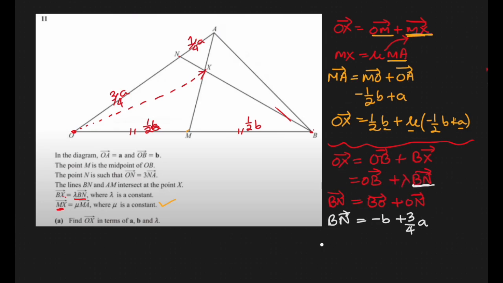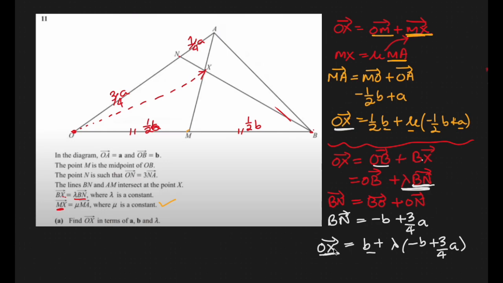So OX is OB, which is positive B, plus BX, which is lambda BN, and BN we just found, which is minus B plus 3/4 of A. Can you see how many layers are there on this? So OX is in terms of B, A and lambda too. So this is OX.